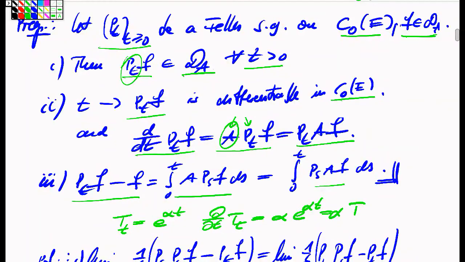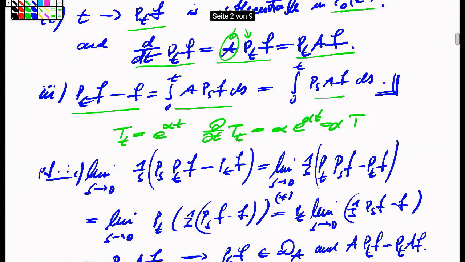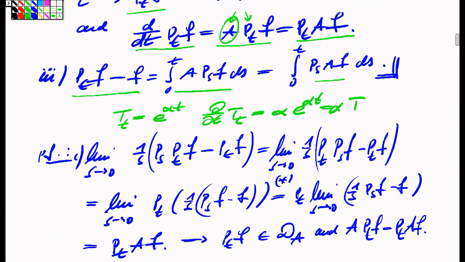Okay, so let us show this, and we just do it by explicit computation of the generator. So let us consider two time points t and s, and let us look at the difference quotient approximation of the operator A, which we apply to the function which is obtained not by F but by PtF.